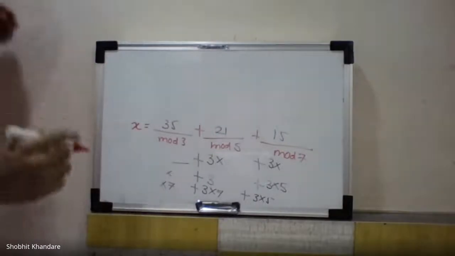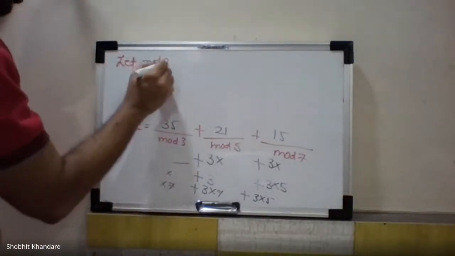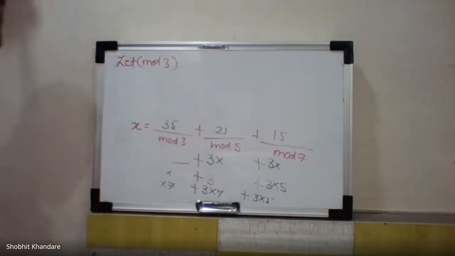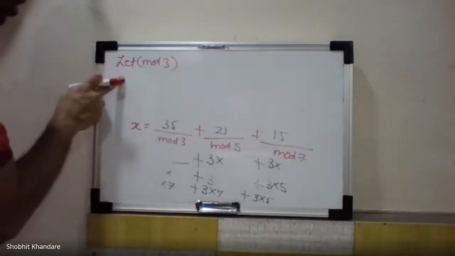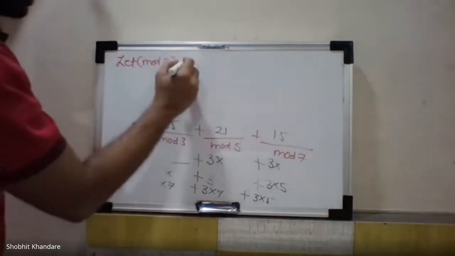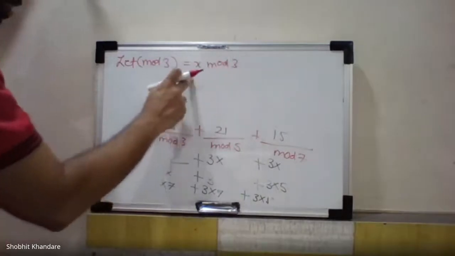Okay. Now let me take the mod 3. जो पहले वाला था ना, the first वाला mod 3 वाला. That is x congruent to 2 mod 3. Now I will take first mod 3 now. If I am taking mod 3, then it is nothing but x mod of 3.